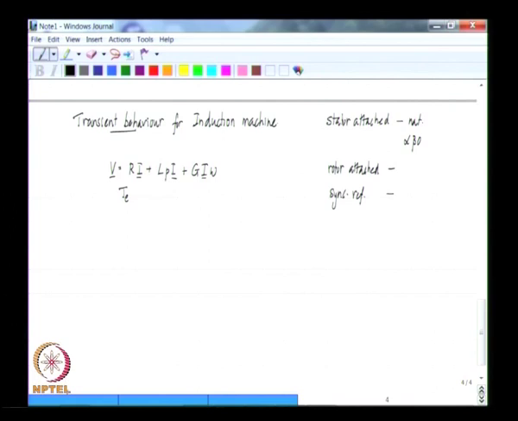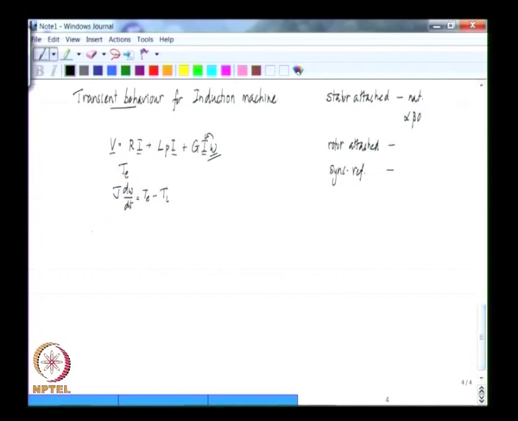Since you have Te, and then J d omega by dt is Te minus the load torque, this is the equation that one has to solve, and omega appears in the voltage equations also. So, voltage equations multiplying this vector I renders the equations nonlinear, and even if it were linear it would be difficult to solve by hand. So, what one would do is to take recourse to a numerical integration method.